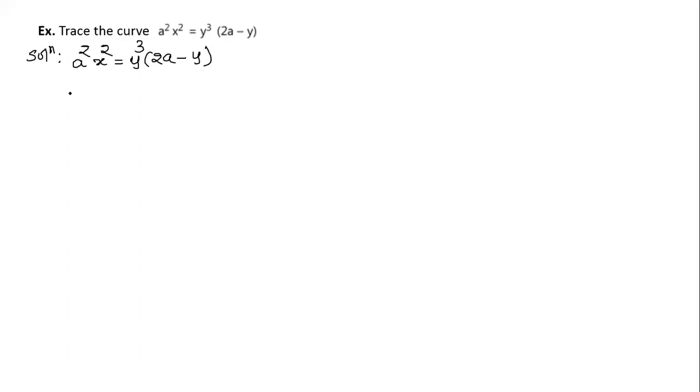Now we'll simplify this. Therefore, a square x square minus 2ay cube plus y to the power 4 is equal to 0.